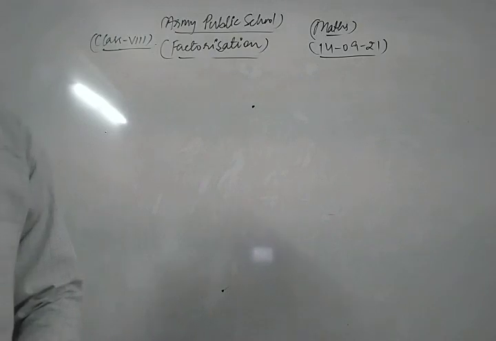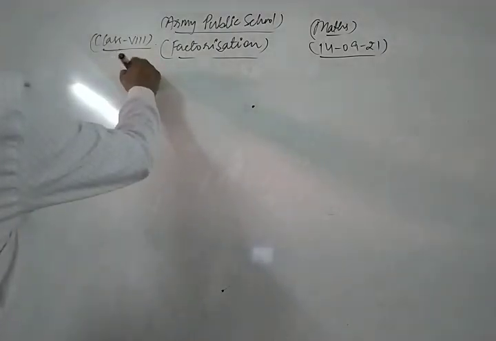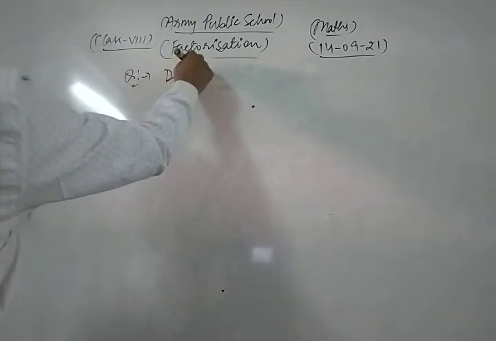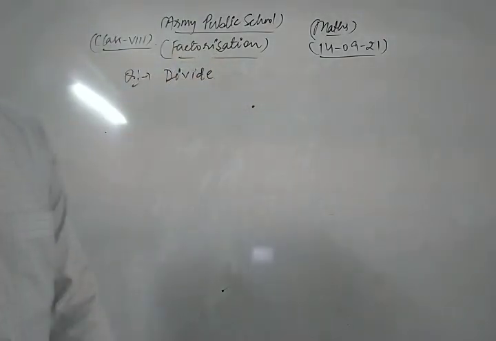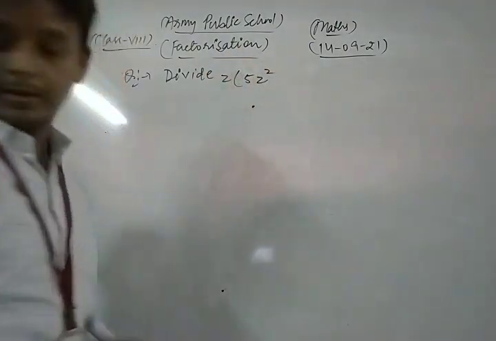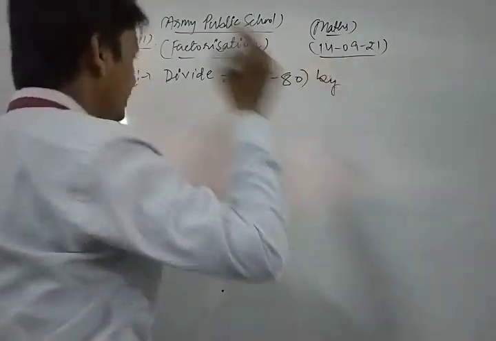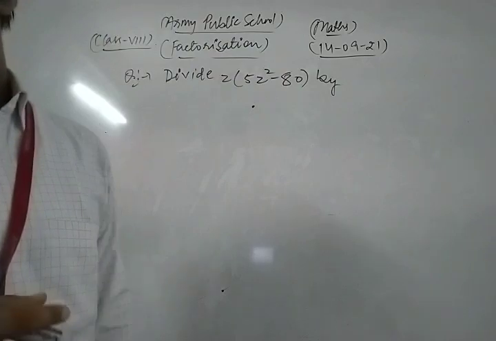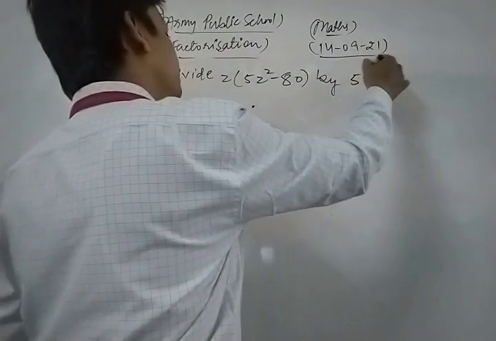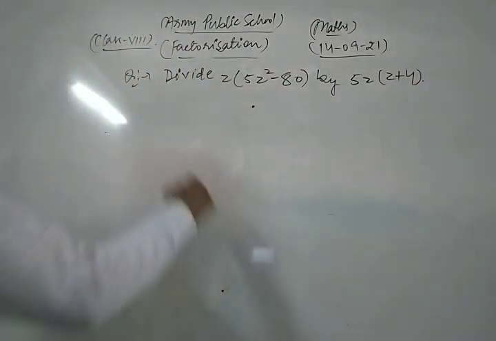Now we take a very important question, and the question is: divide z in bracket 5z square minus 80 by 5z in bracket z plus 4. Now let's see its solution.